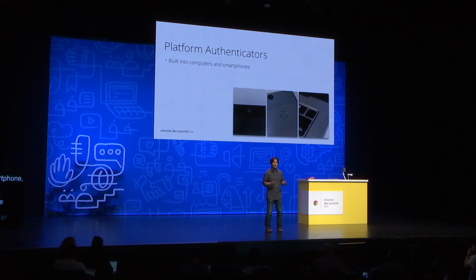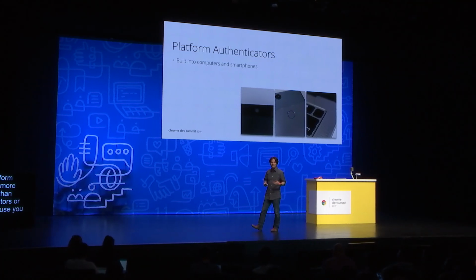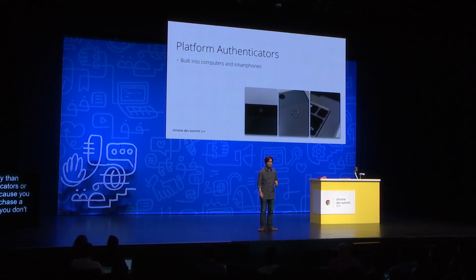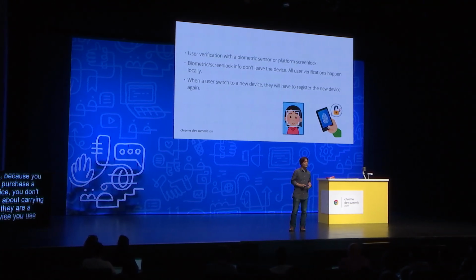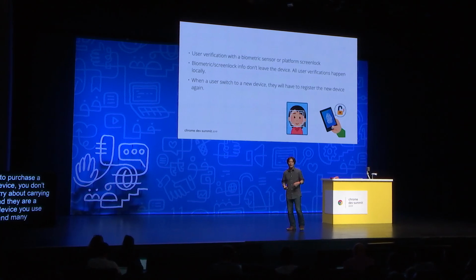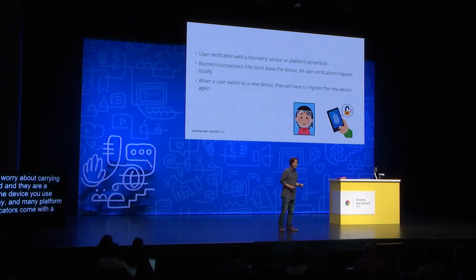You don't have to worry about carrying it around. And they are a part of the device you use every day. And many platform authenticators come with a biometric sensor, such as a fingerprint sensor or a facial recognition sensor. Users can also use the platform's screen lock feature to verify their identity.